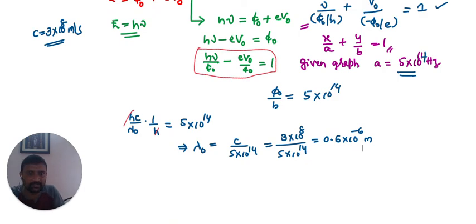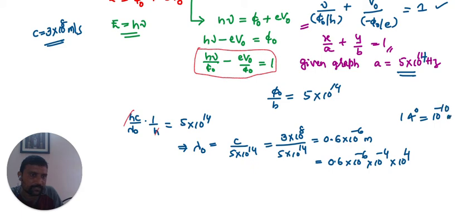So 0.6 into 10 power minus 6 meters, we multiply with 10 power minus 4 into 10 power plus 4. Why? Because we are very familiar that 1 angstrom equals 10 power minus 10 meters.